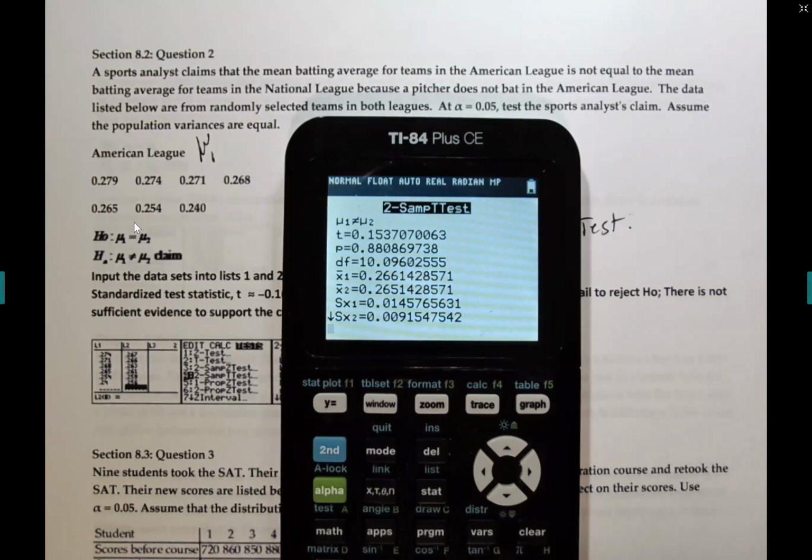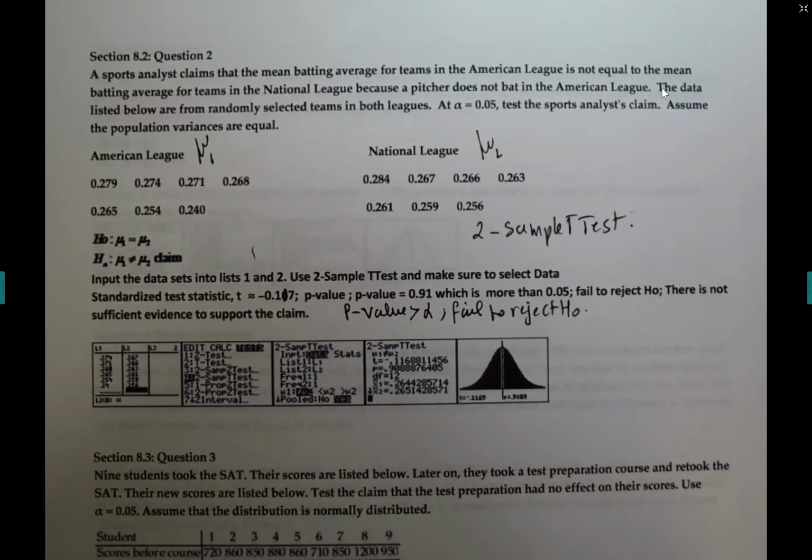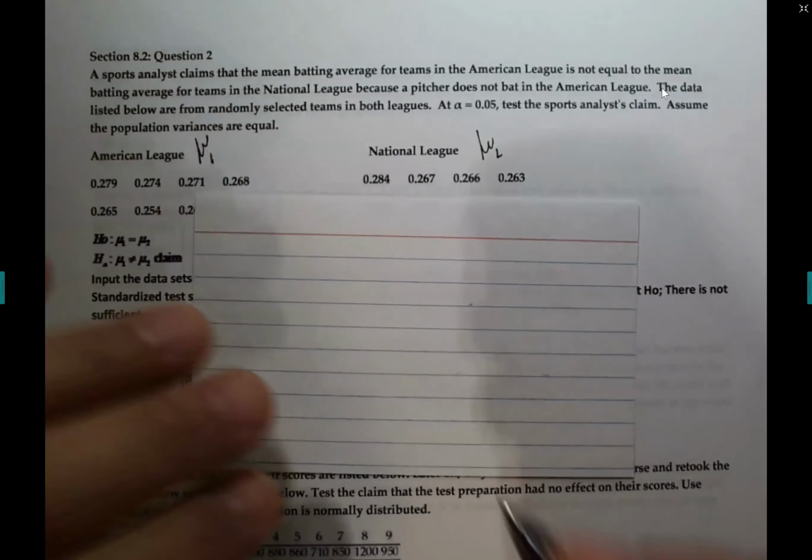And look, t is 0.15 and the p-value is 0.88. Professor, quick question. How do you distinguish whether it's a t-test or a z-test? Okay. If he gives you those two values, watch.